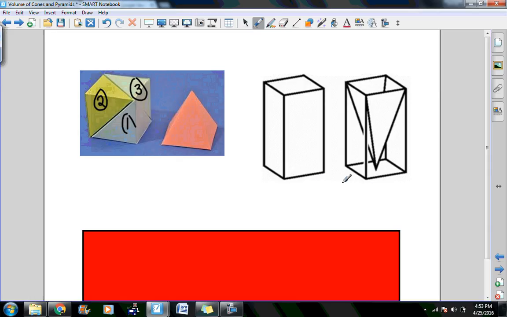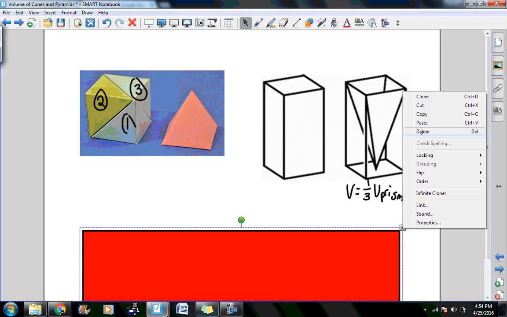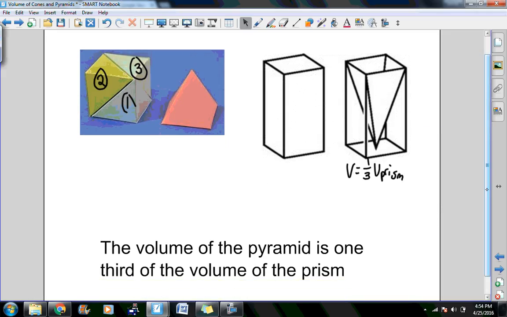If you look at the picture over here on the left, the volume of this shape is 1/3 of the volume of the prism. So keep that in your head as you go through this section: the volume of a pyramid is 1/3 of the volume of its matching prism.